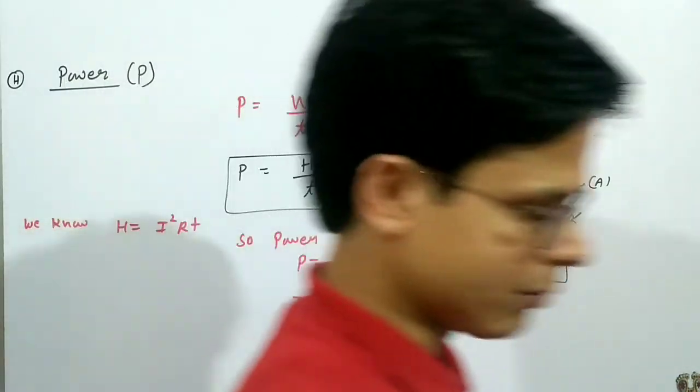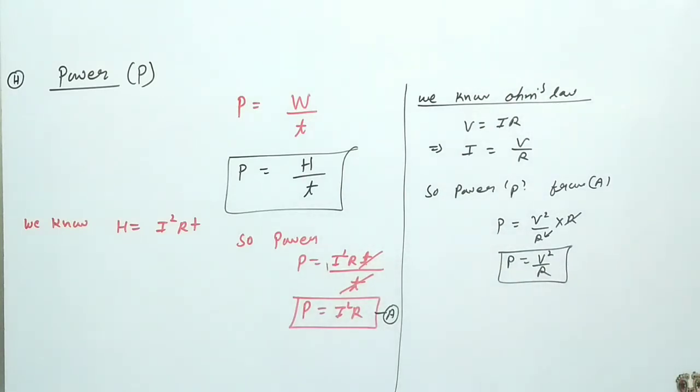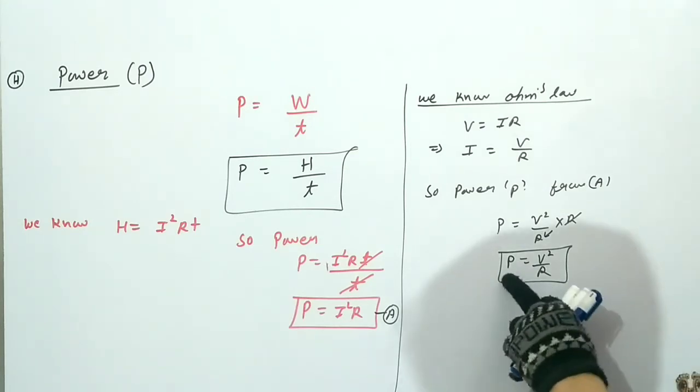Clear? This is used when potential is given. In a parallel combination, potential remains the same, so in parallel combination you can apply this formula.